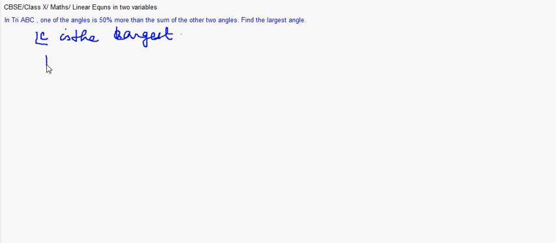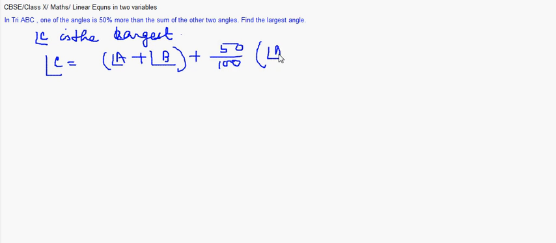So angle C is equal to angle A plus angle B plus 50% more than A and B.